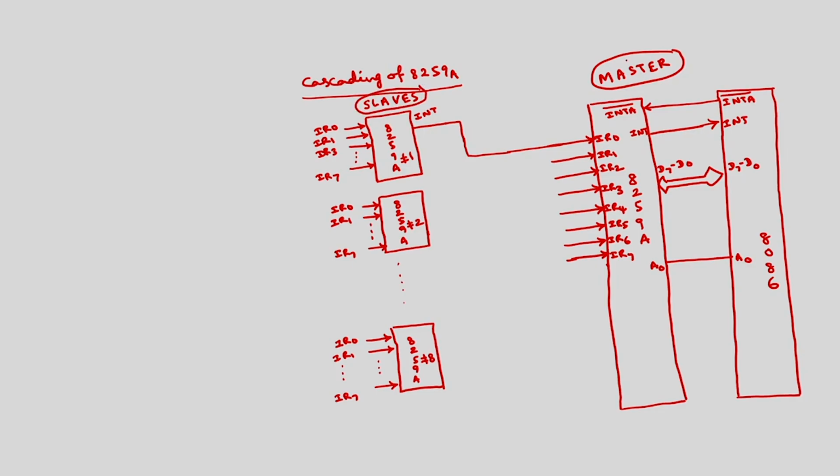The INT of the master is connected to 8086. The INT of this one is connected to IR1, and so on up to the INT of the 8th 8259, which will be connected to IR7 of the master.